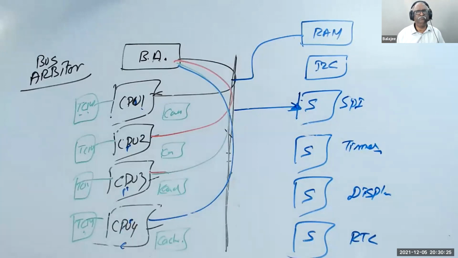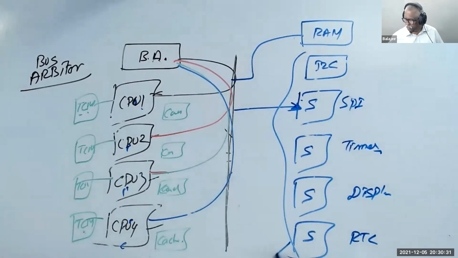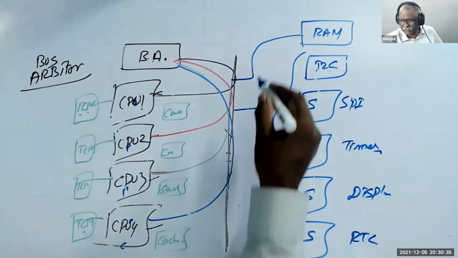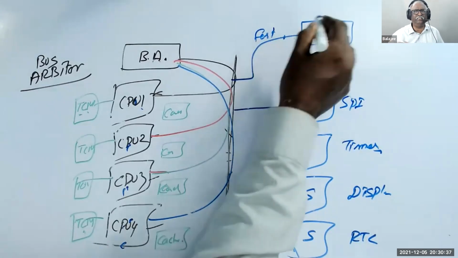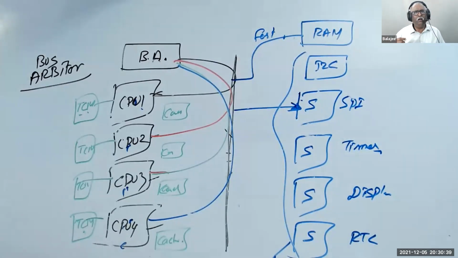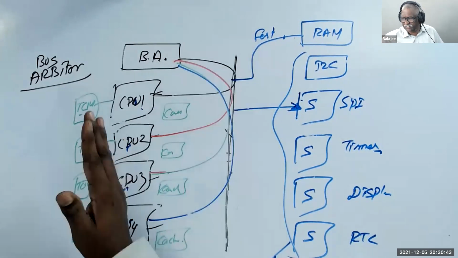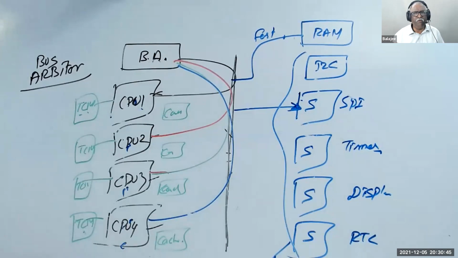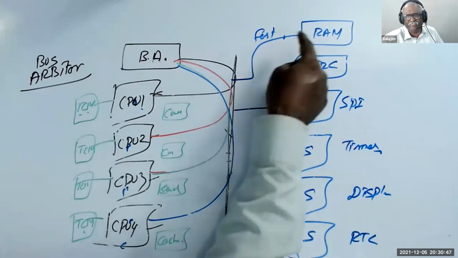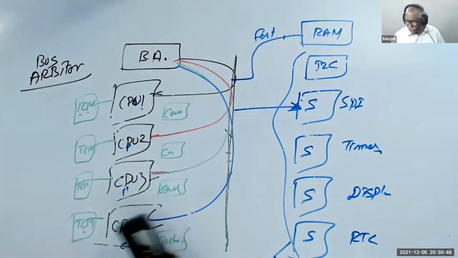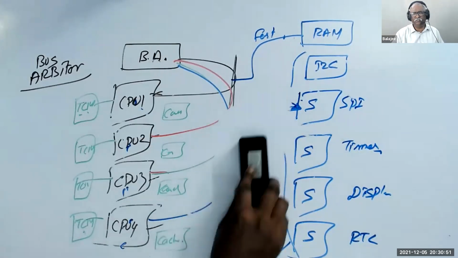Think of it. Now, all these guys are slow, with a slow clock, whereas this guy is fast. I don't want to waste the time. If they make everything fast, I cannot access this. If you make everything slow, I'm going to access the RAM slower. So what they have done is, they made 2 buses.